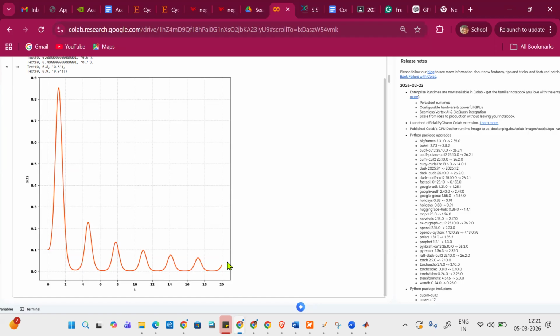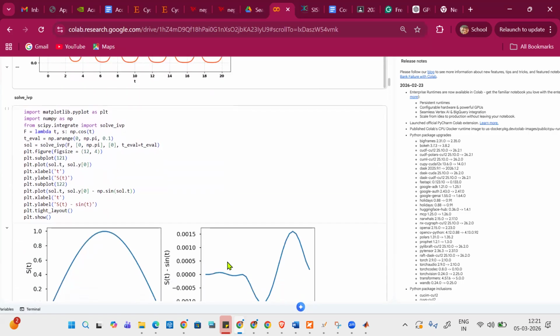A similar thing is solve_ivp. Similar to odeint, another option in Python is solve_ivp. So solve_ivp we will see. Again, you import solve_ivp from scipy.integrate. You were doing the same thing in the before program, from scipy.integrate import odeint. Same here, from scipy.integrate you are importing solve_ivp.